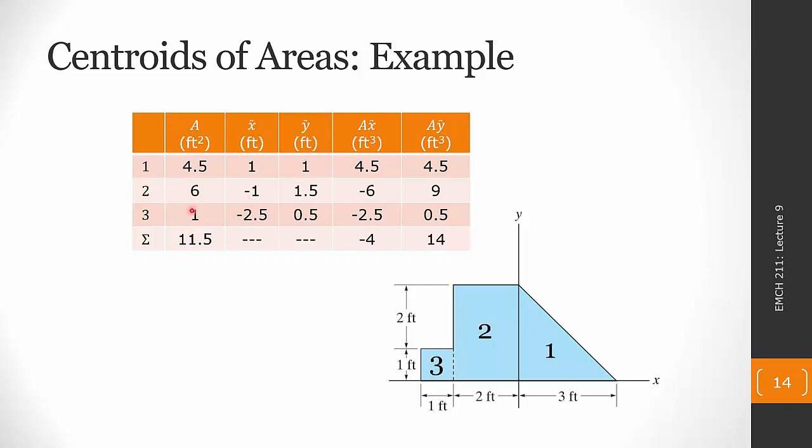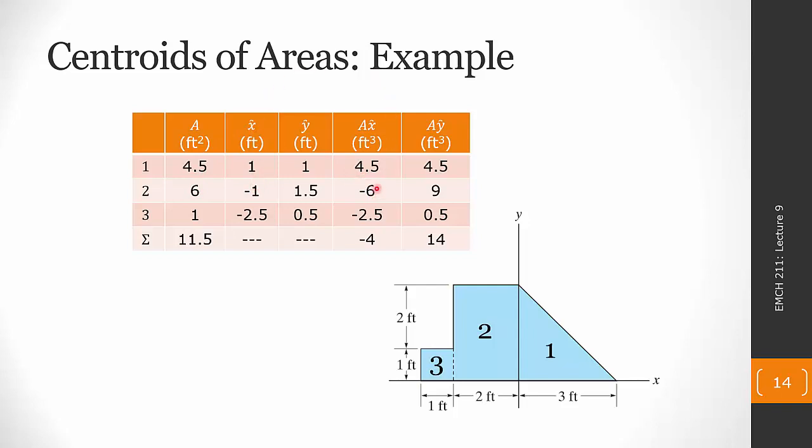Here they're all positive, they are all positive shapes. But when we cut out shapes, we can get a negative area. So notice when we multiply the A and the x tilde, or the A and the y tilde, that could be a positive product or a negative product. It's possible that A and x tilde are negative, which would actually result in a positive A x tilde. So we just want to be careful on the signs here.